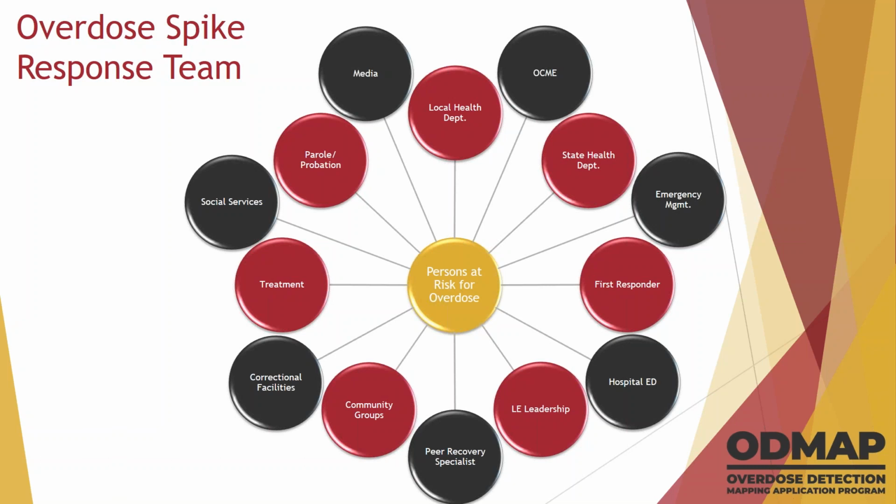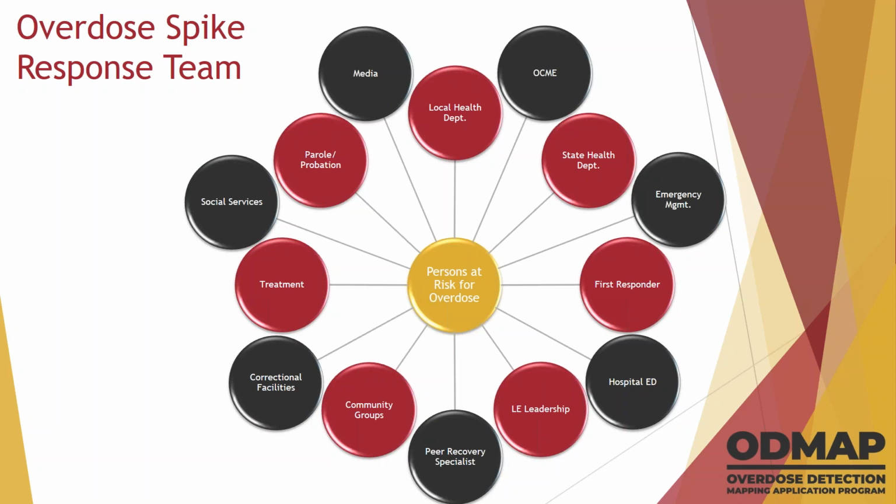So how does this play in with public health? So first we have to look briefly at who is involved in responding to spikes. And it's really important for each jurisdiction to develop their own spike response team, as this can really vary quite a bit based on the resources and stakeholders within a given community.